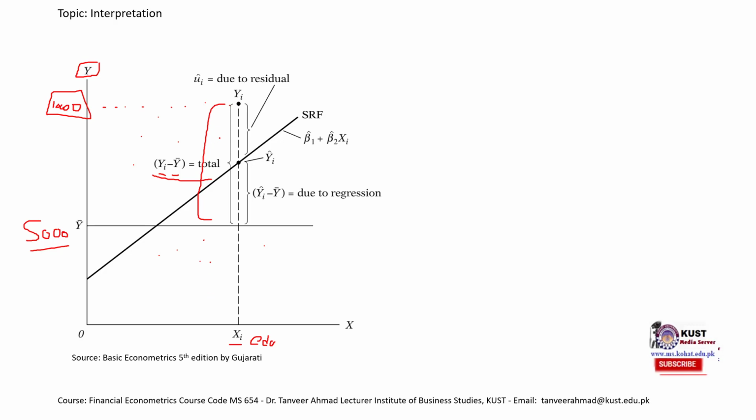Why is there this variation in the dependent variable, from one individual to another, from one company to another, from one year to another? So we introduced our education variable, the independent variable, and we are saying that people having higher education would have higher salary.